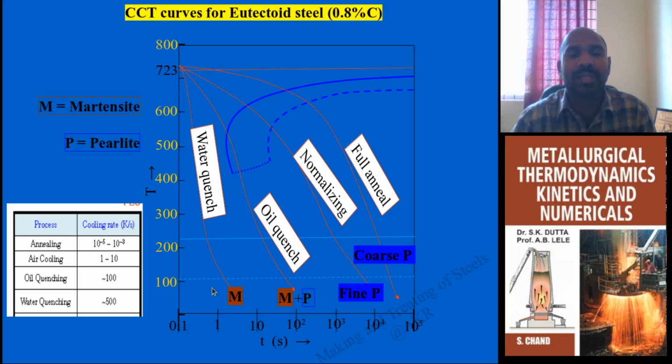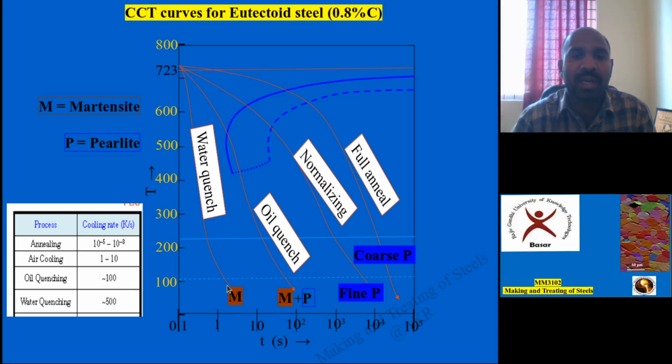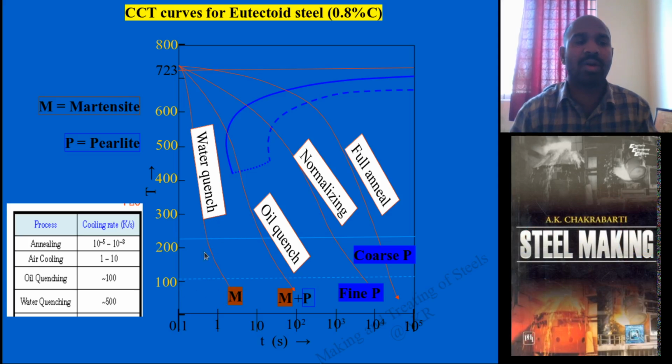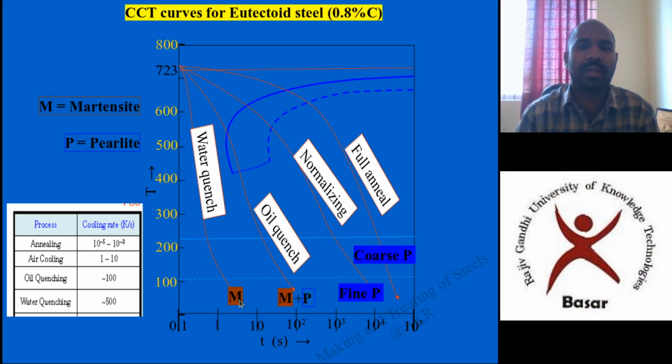At 500, this is the difference of cooling rate. As it is coming to 100 degrees Celsius, room temperature, this will be the cooling rate in water. That is why you get a fast cooling rate in water quenching. Finally, you will get the microstructure product, which is martensite.